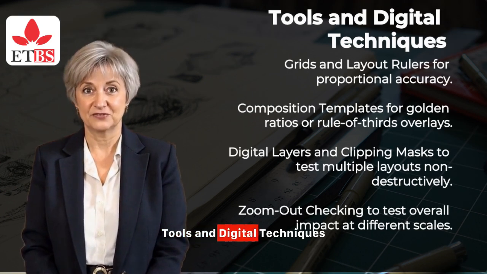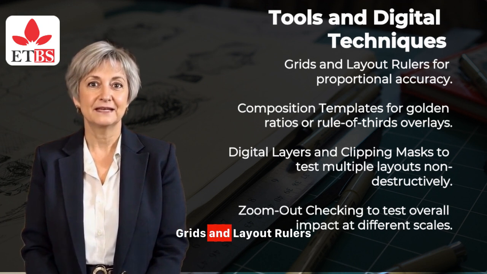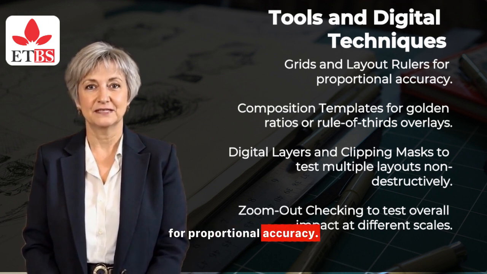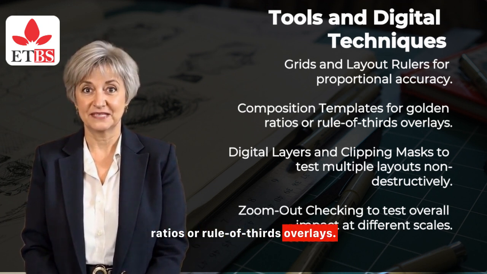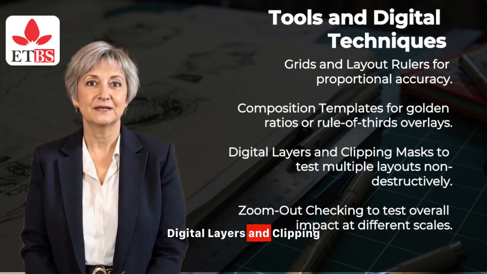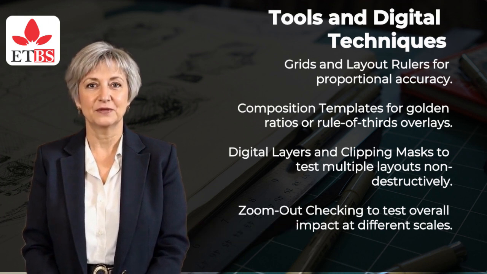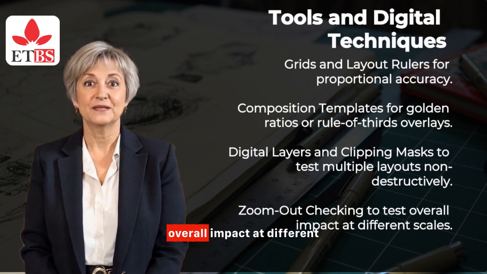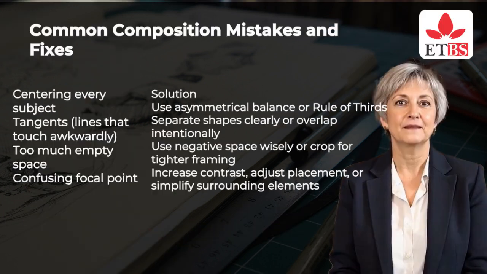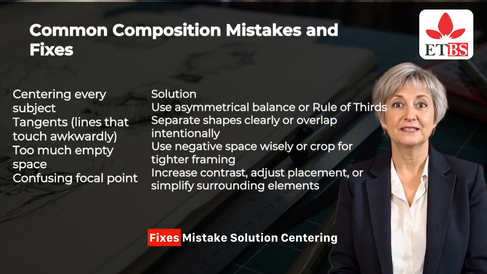Tools and digital techniques. Grids and layout rulers for proportional accuracy. Composition templates for golden ratios or rule of thirds overlays. Digital layers and clipping masks to test multiple layouts non-destructively. Zoom out checking to test overall impact at different scales. Common composition mistakes and fixes.